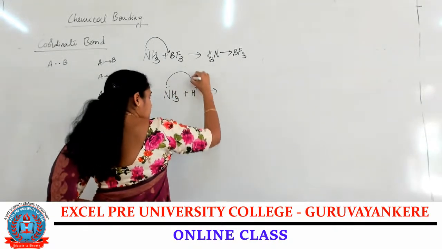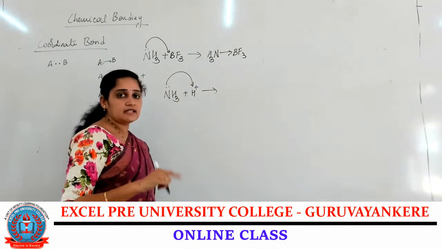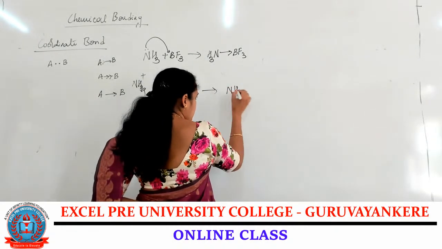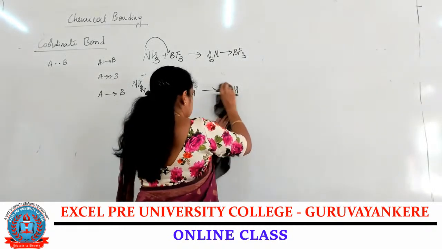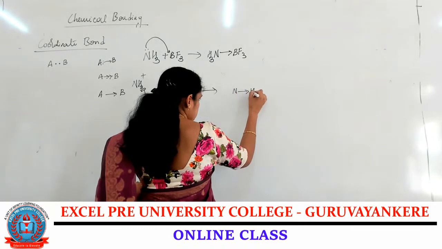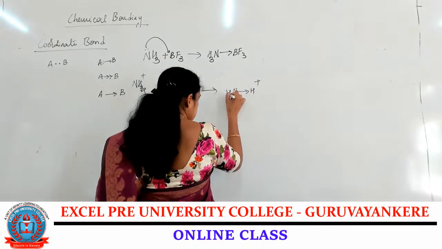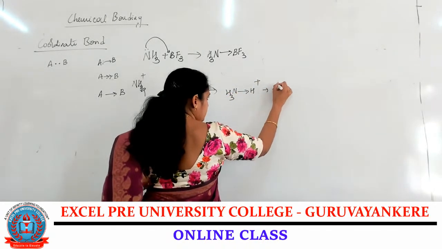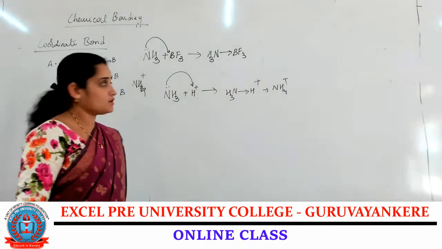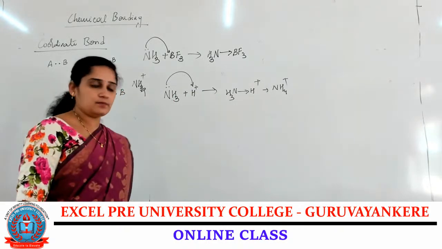Now this lone pair of electrons is completely given to the H plus ion. It forms the bond like this, or we can write it as NH4 plus. So this is about the coordinate bond.